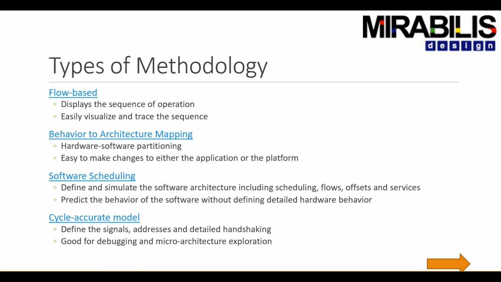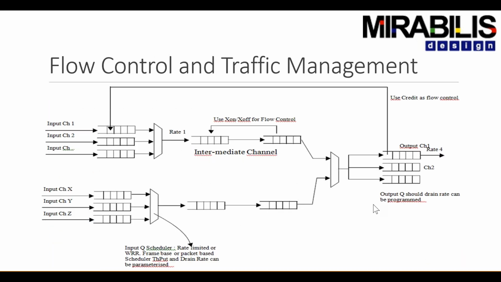Now, let's go over a few of the areas and try to understand how these methodologies actually play in. The first one we're going to look at is more of a flow-based architecture. So what you're looking at is an end-to-end design where I've got an ingress system and an egress system. There are multiple ingress components, and each one of them has a large number of channels. They all have the individual buffers.